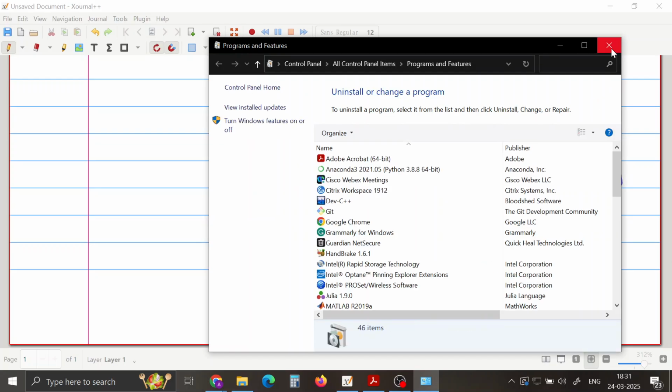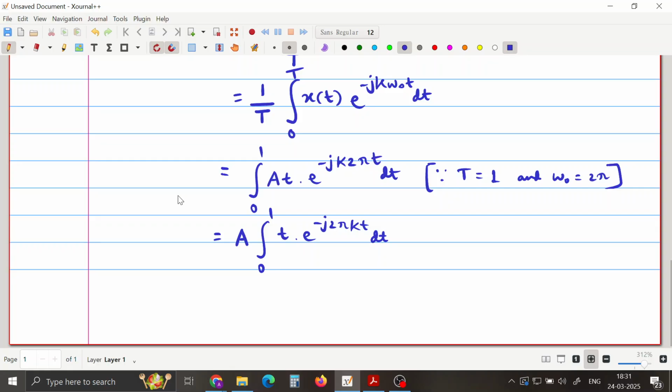So what is that ILATE rule, if you recall? First of all, this has to be solved using integration by parts. And what is the ILATE rule that I am talking about?